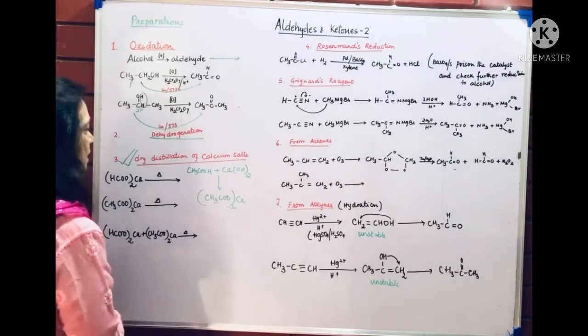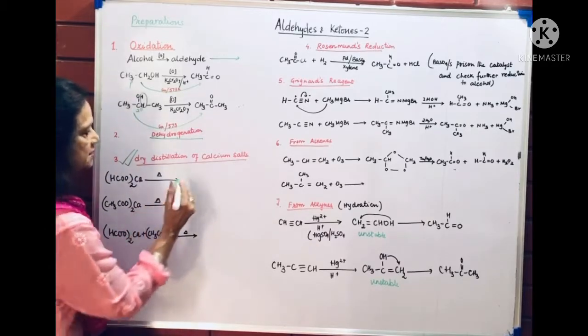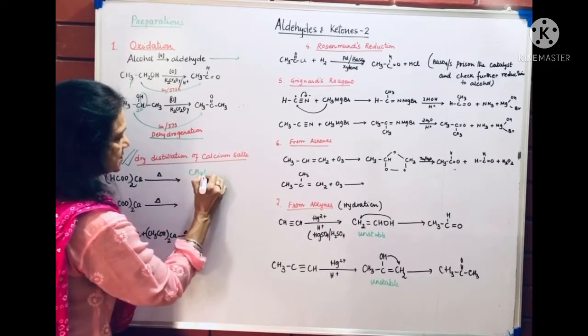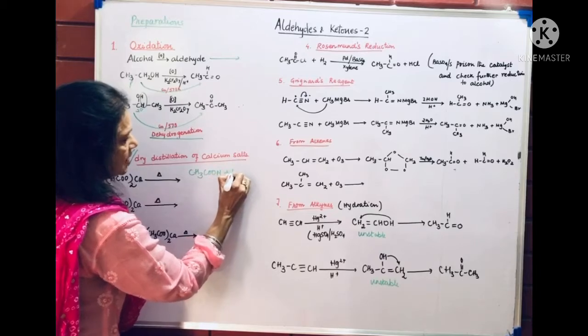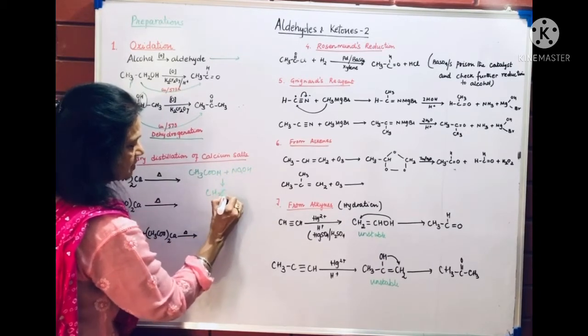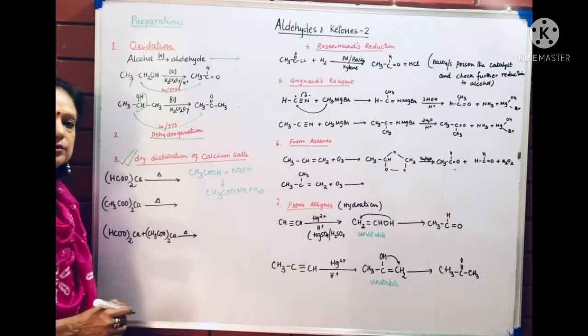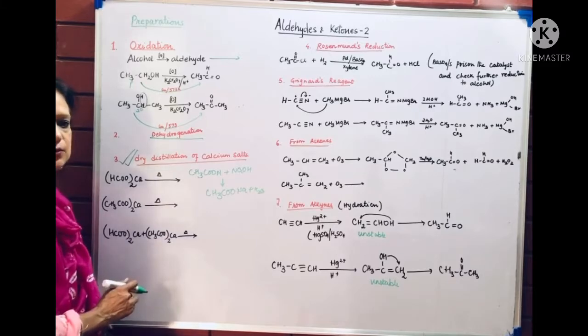Had I taken NaOH with acetic acid, acid and base give you CH3COONa plus water. Here I have not written 2 because sodium's valency is 1.